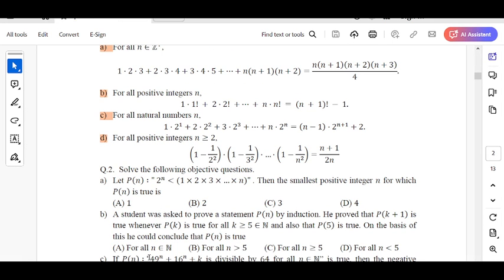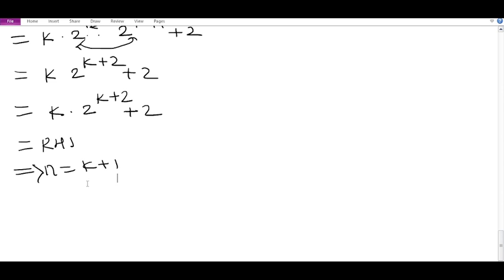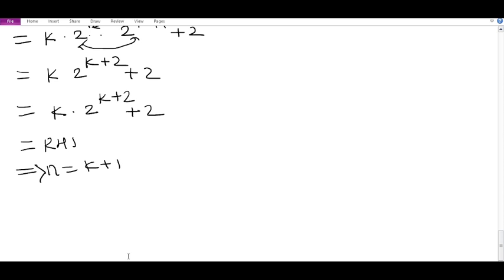Now next, the last example, example number 4.